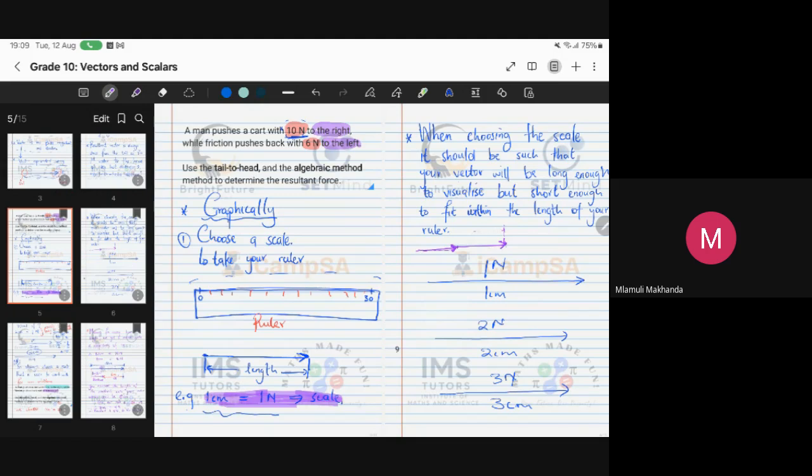You always start it at the head of the previous vector. How is it different from the resultant? The resultant says, after I've drawn all my vectors, now I can start from the tail of the first to the head of the last vector. Then I can get a resultant. That's the difference. Okay, let's continue.